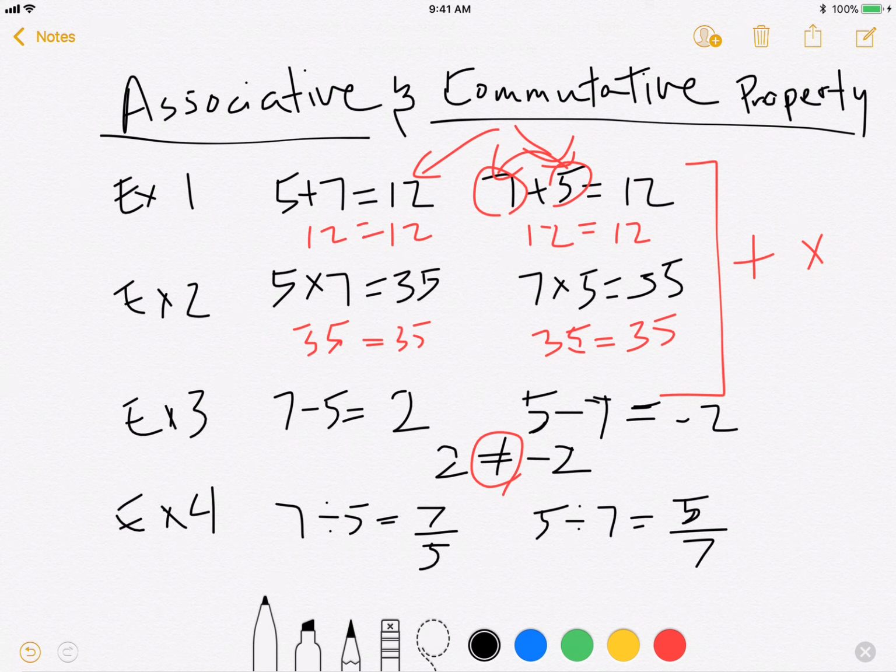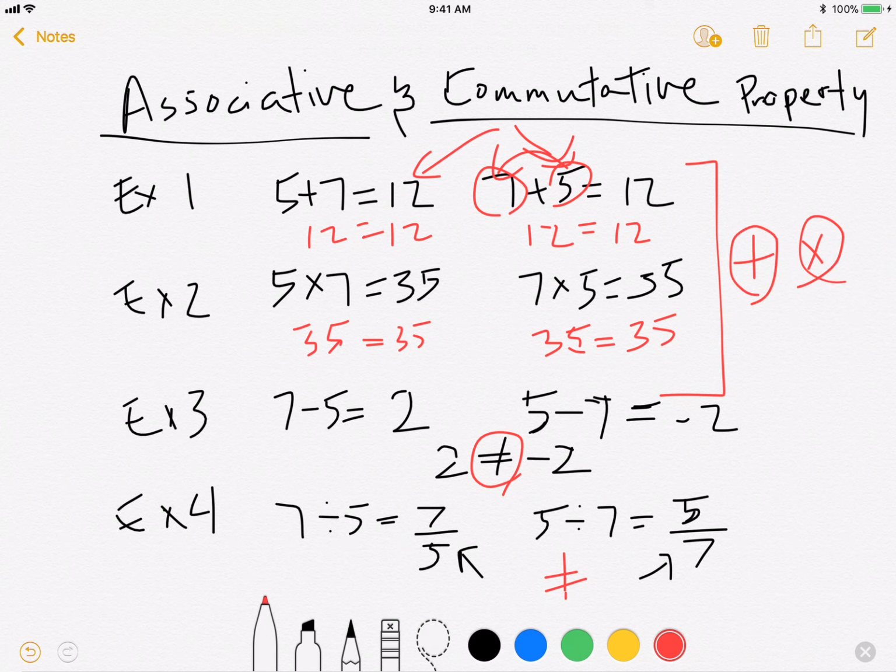No. This one right here is more than 1 whole, and this one right here is less than 1 whole. All right, so those two things are not equal to each other. So the commutative property does not work for subtraction or for division. However, for addition and multiplication, it works perfectly.